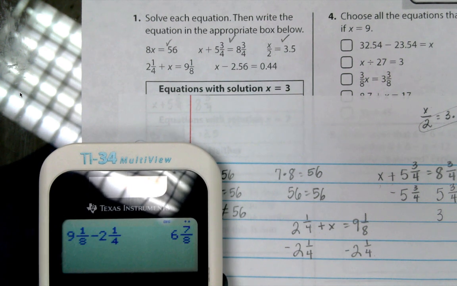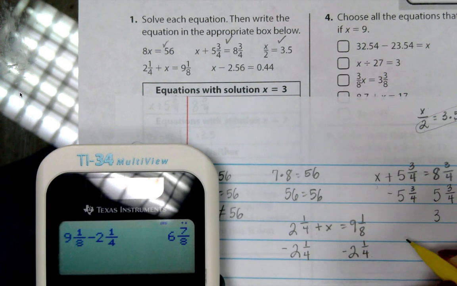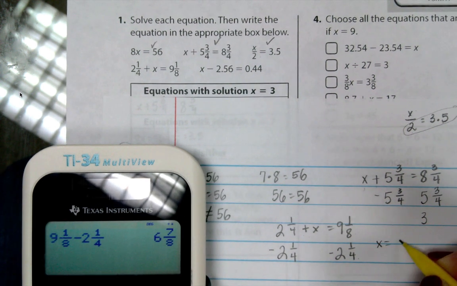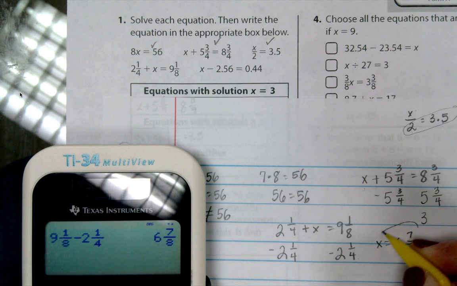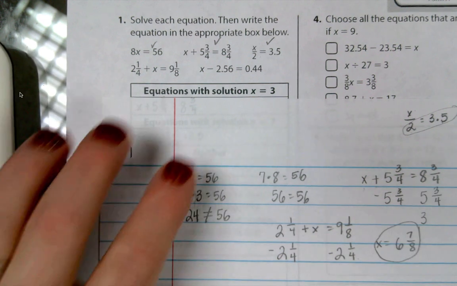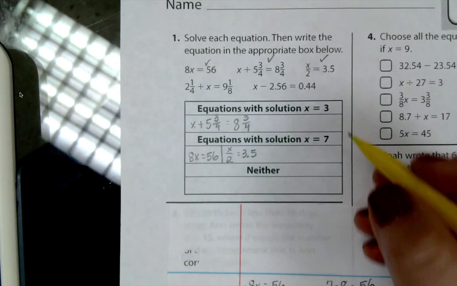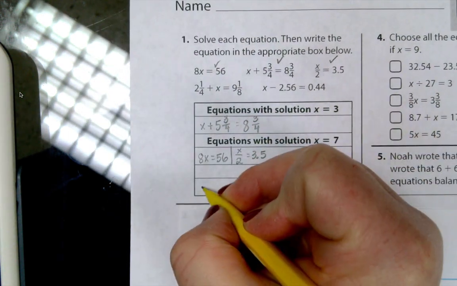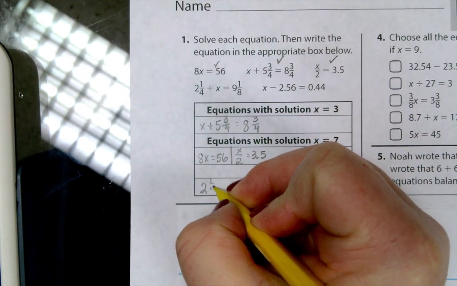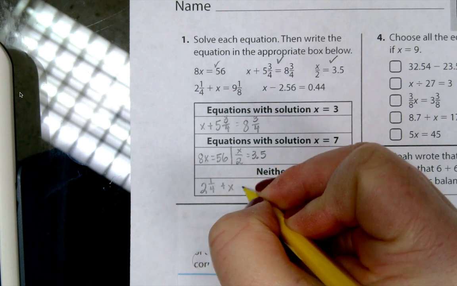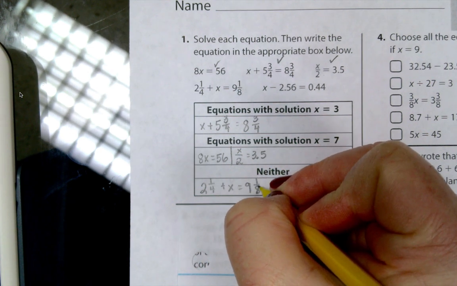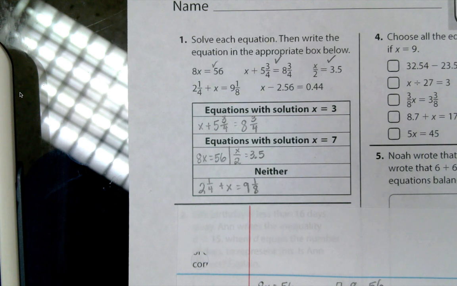And I get 6 7/8. So in this case, x equals 6 7/8. Now let's think about this. It is not 3 and it is not 7. Therefore this equation, 2 and 1/4 plus x equals 9 1/8, would fall under the neither category, okay?